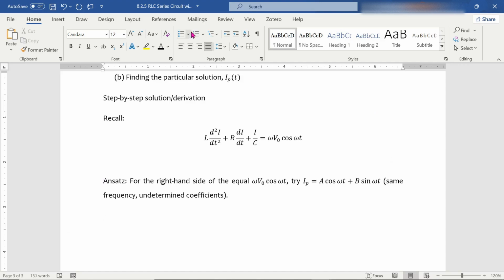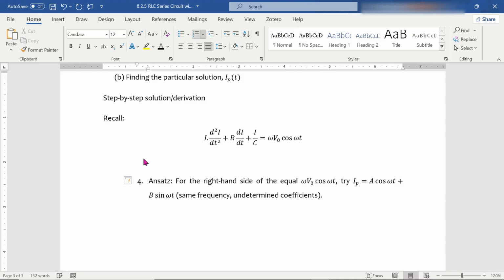Let me restart numbering. This is number 1. So our general equation would now be like this. We first get the derivatives.